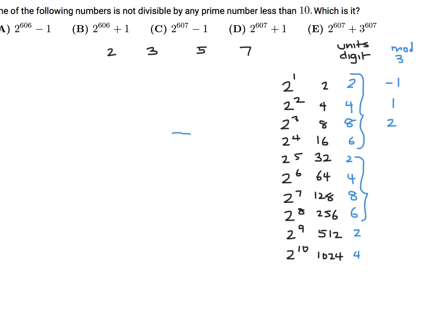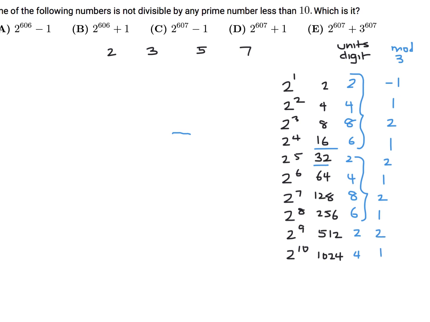Hold on, 16 divided by 3, actually, the remainder is 1. 32 divided by 3, the remainder is 2, and so on. So 1, 2, 1, 2, 1, 2, 1, 2, 1, like that.